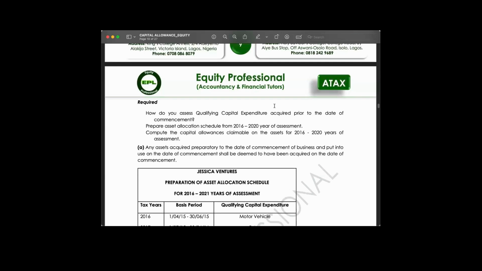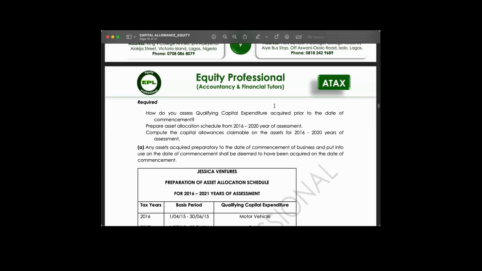Are you with me? Any assets acquired prior to the date of commencement will be deemed to have been acquired on the date of commencement.